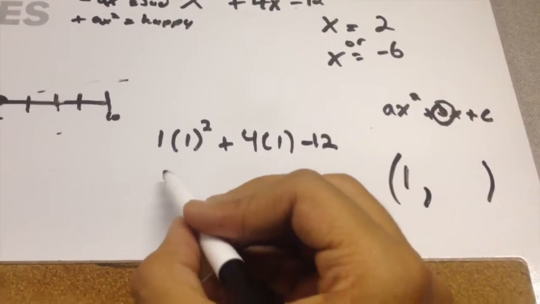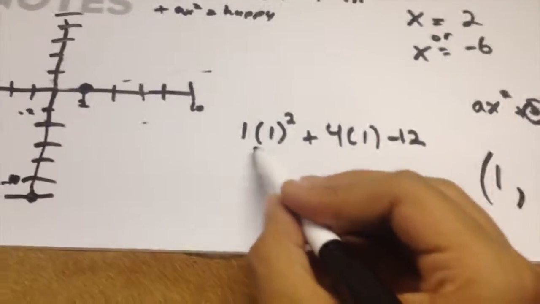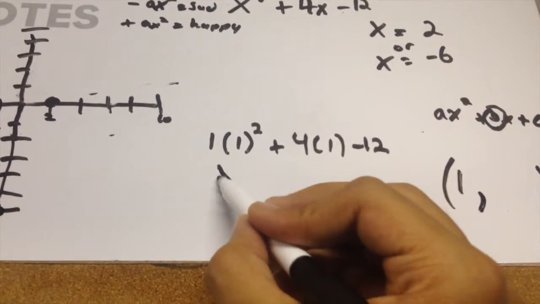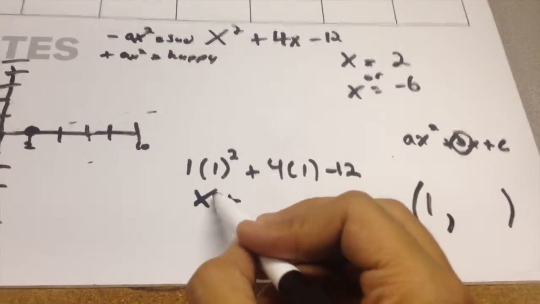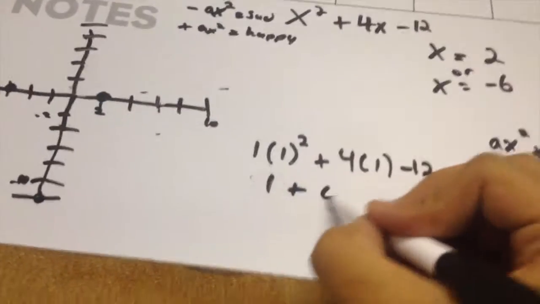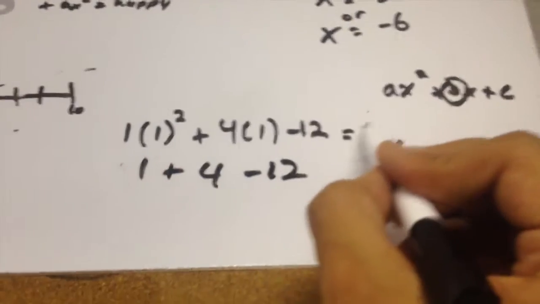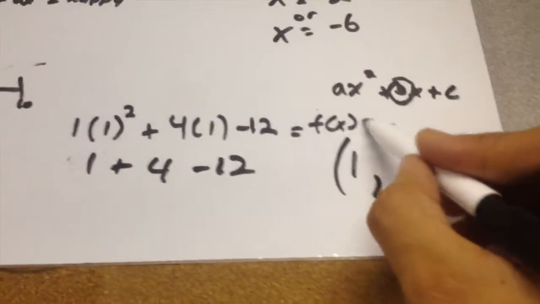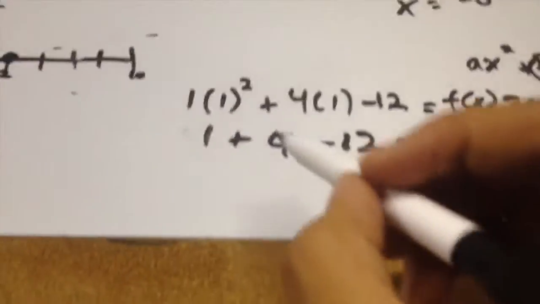And now 1 squared is just 1 times 1 is 1, so we just have 1 plus 4 minus 12, and we forgot to put f of x, which you can also just think of as equal to y. So we're basically just solving for the y right now.